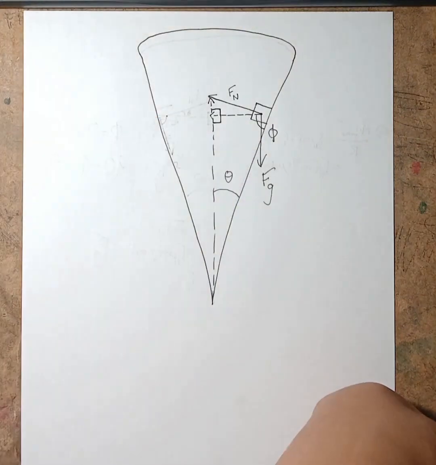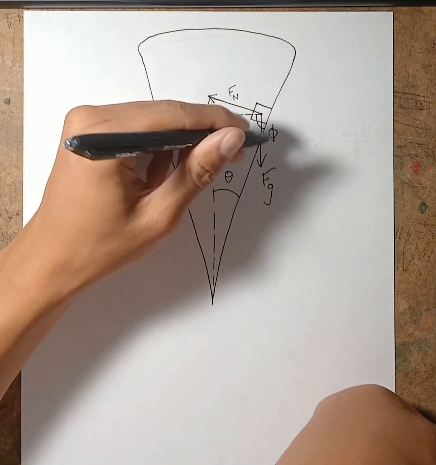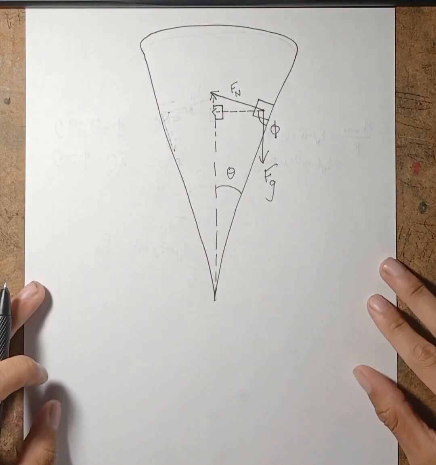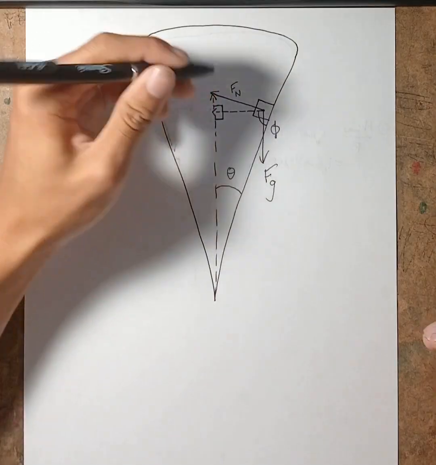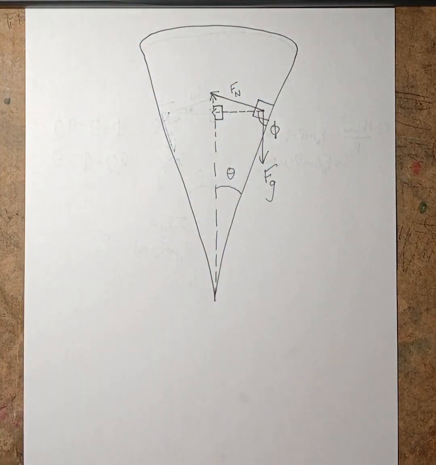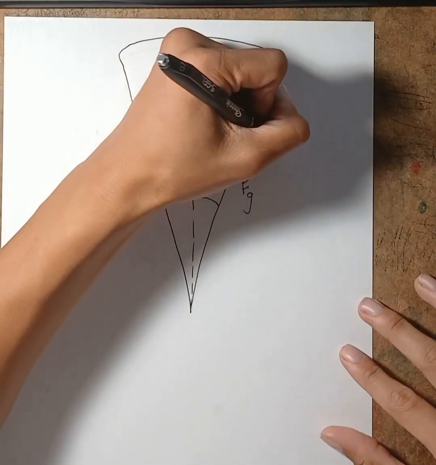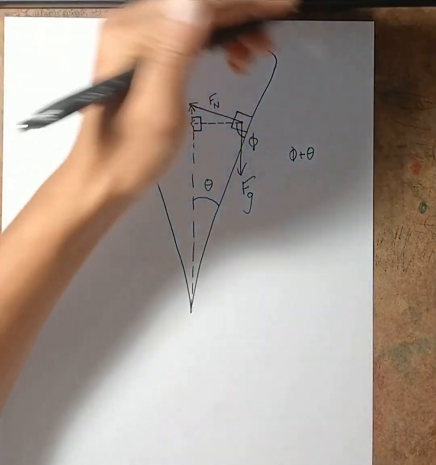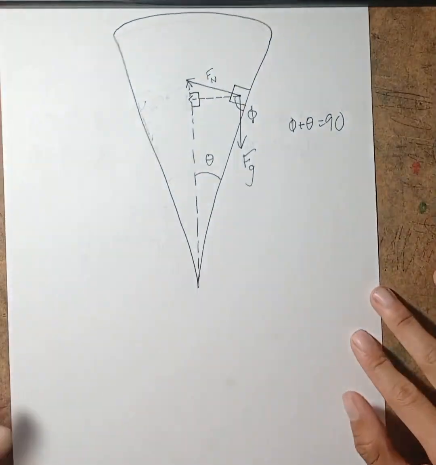That plus theta has to equal 90, because every angle in a triangle equals 180, and if this is 90, then the remaining two angles have to add up to 90 as well. So theta plus phi equals 90.